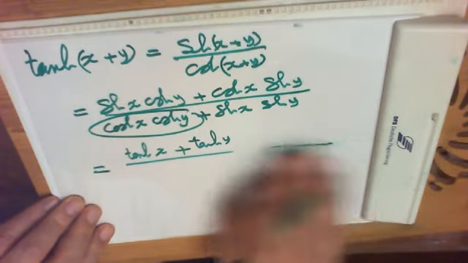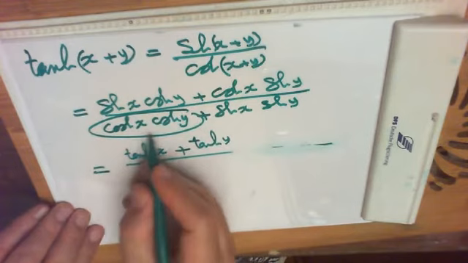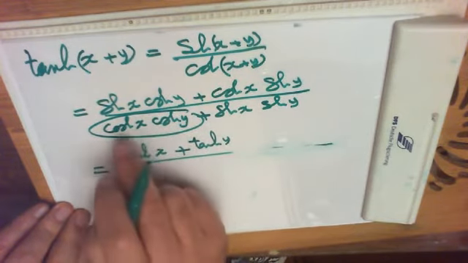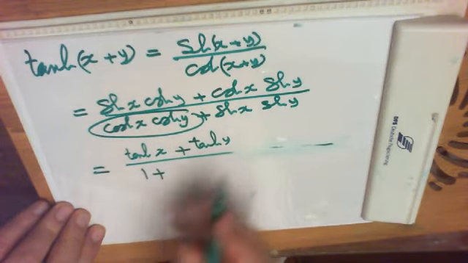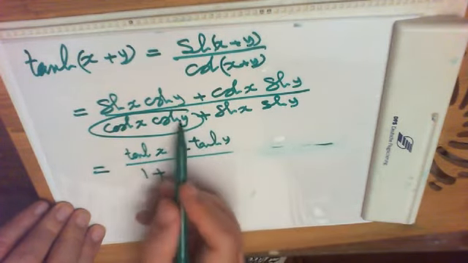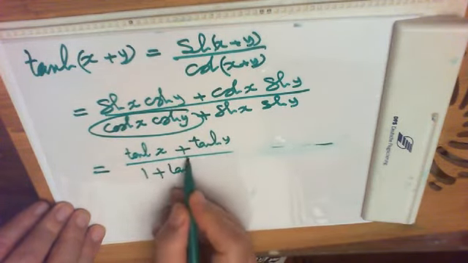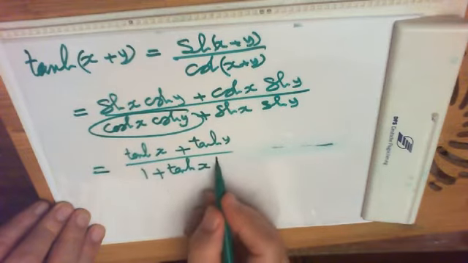Now the denominator will be divided by cosine cosine. We'll have 1 plus sine sine divided by cosine cosine, which results in tan x times tan y.